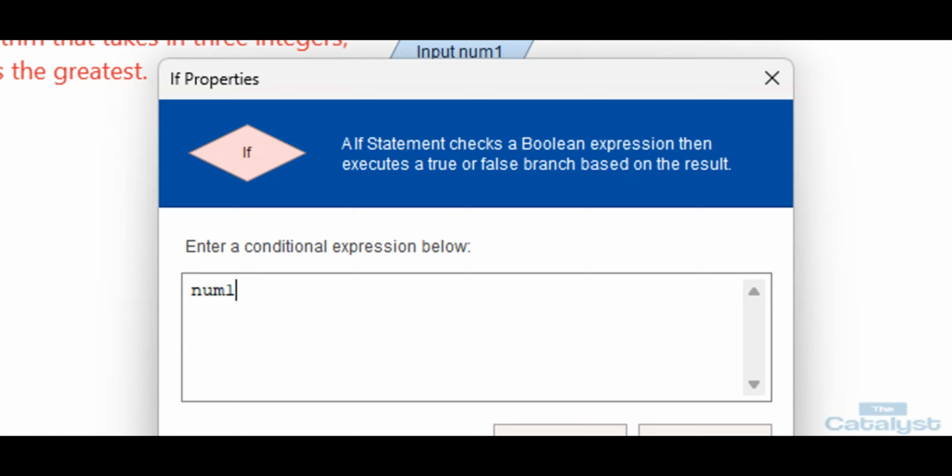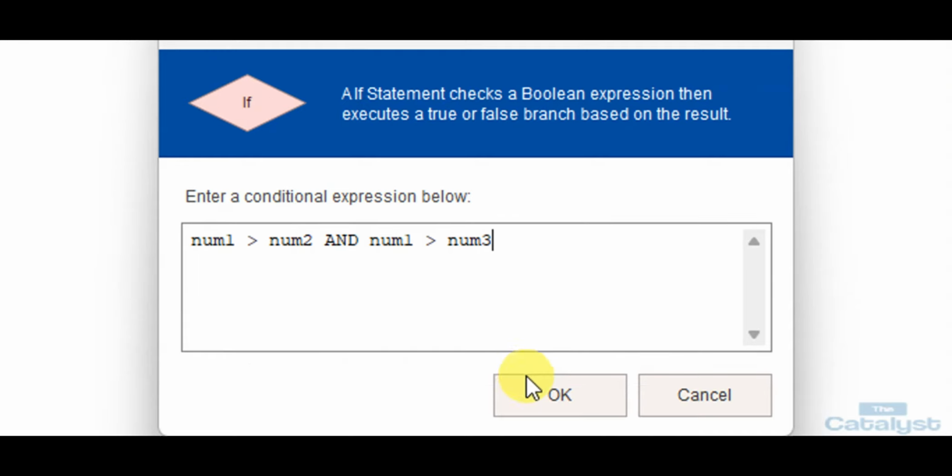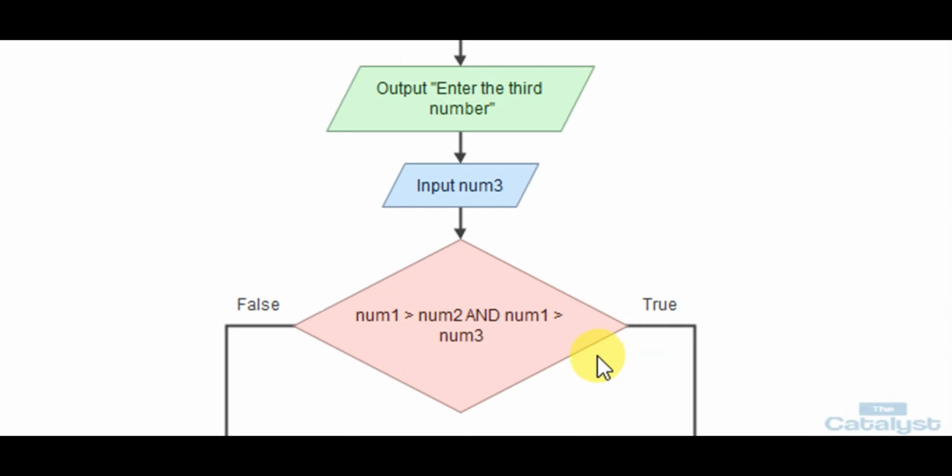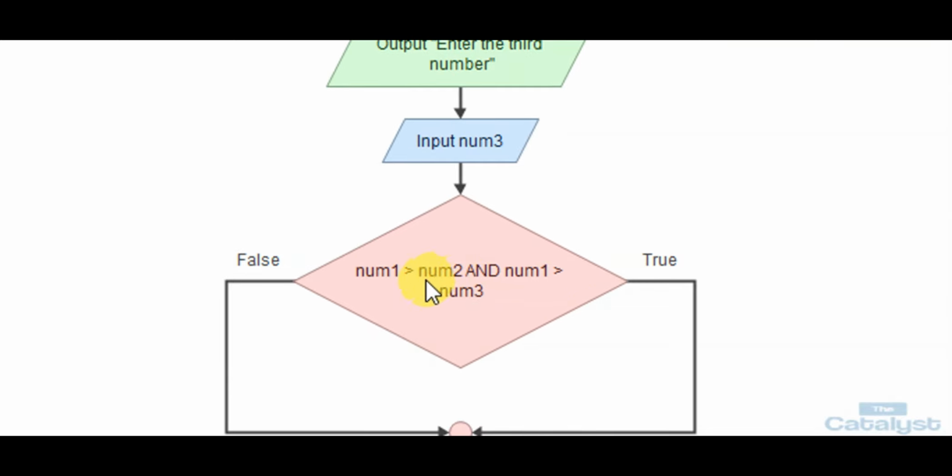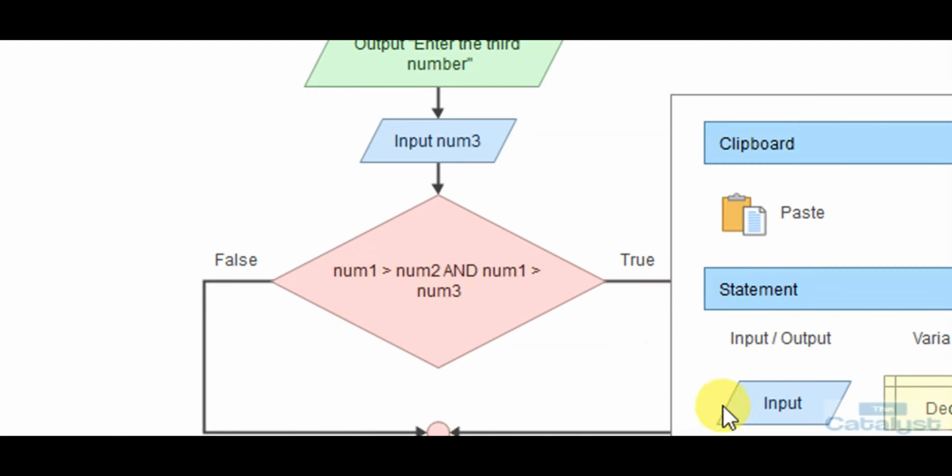Like I said, we verify if num1 is greater than num2, and that same num1 must also be greater than num3 for it to be considered as the greatest. Click on OK, and we can see clearly that we have our condition here: num1 greater than num2 and num1 greater than num3. If true, we click on the arrow and then we are going to output.